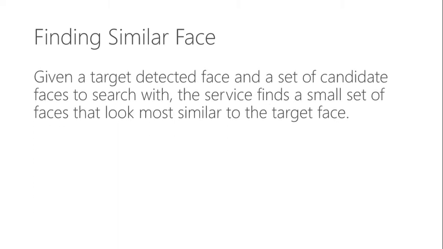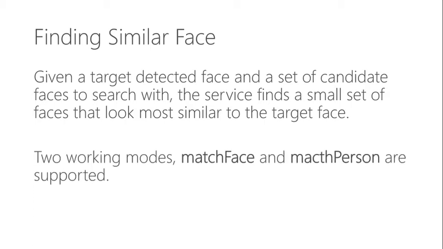Finding similar faces: given a target detected face and a set of candidate faces to search with, the service finds a small set of faces that look most similar to the target face. Two working modes, matchFace and matchPerson, are supported.